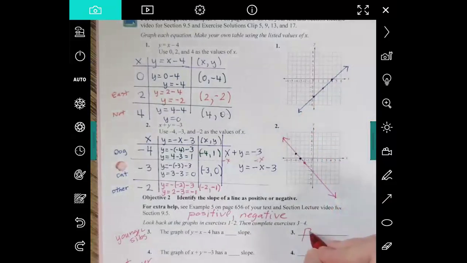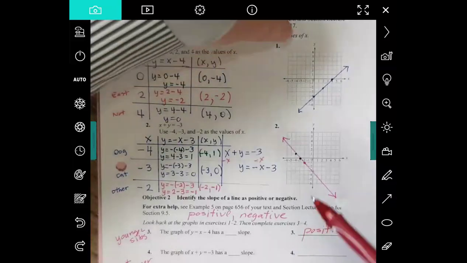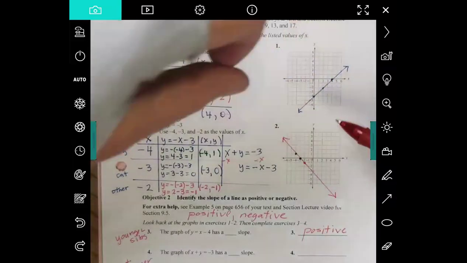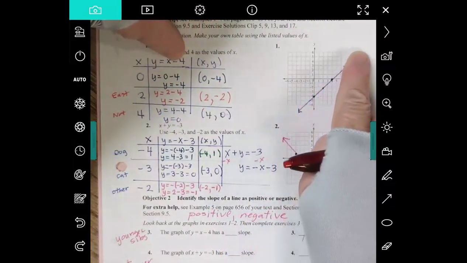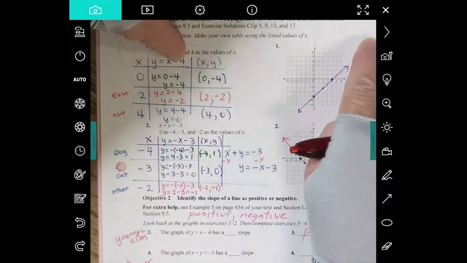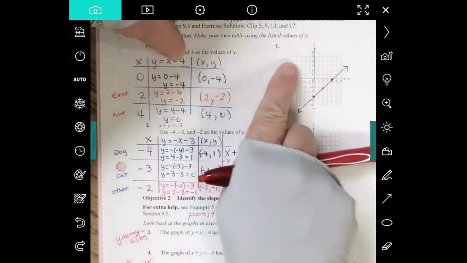Yes, it is. Good. There's a bug on my paper. Do y'all see it right there? Blew away. Okay. So how do we know it's positive? We take our pen and we start on the left side and we trace it. If we're tracing upward, it's positive, like uphill is positive. If we're tracing from left to right downward, it's negative.